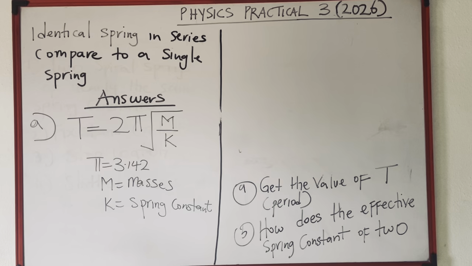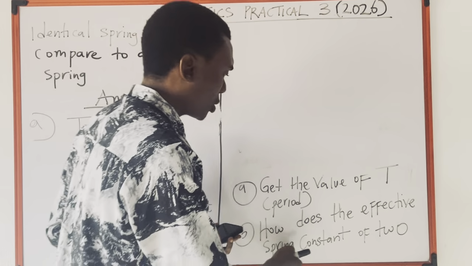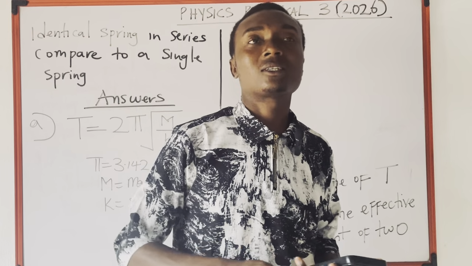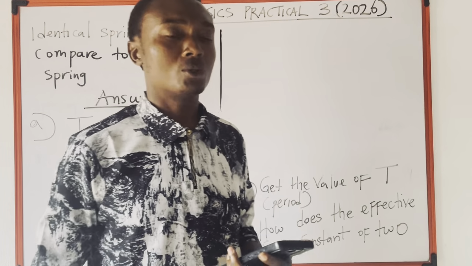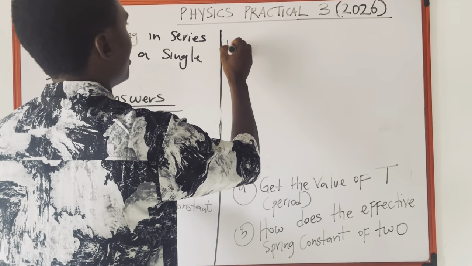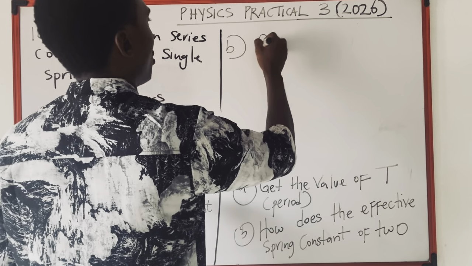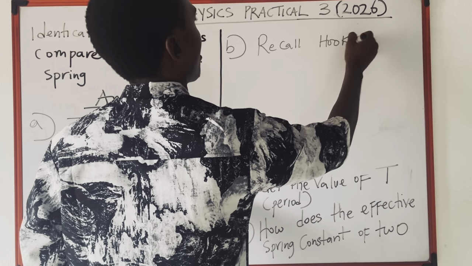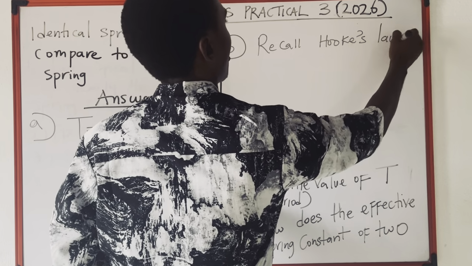Now, this spring constant we are going to find, there's something we need to know about it. If you remember Hooke's law. So we'll look for B. Recall Hooke's law.